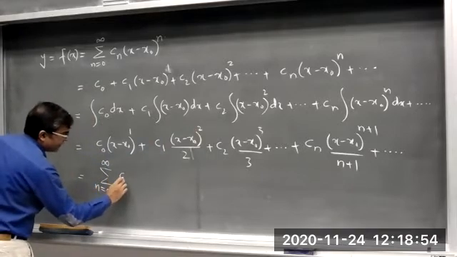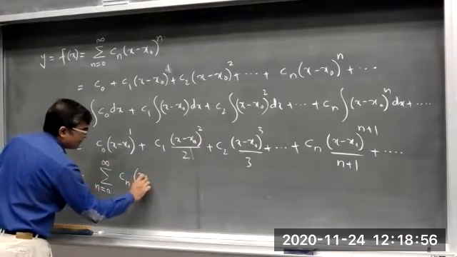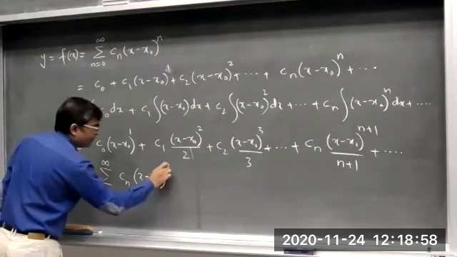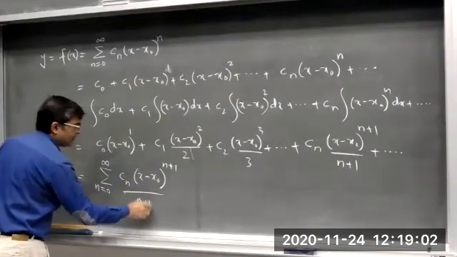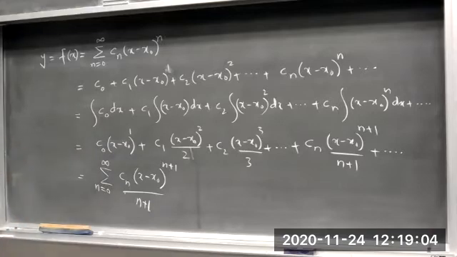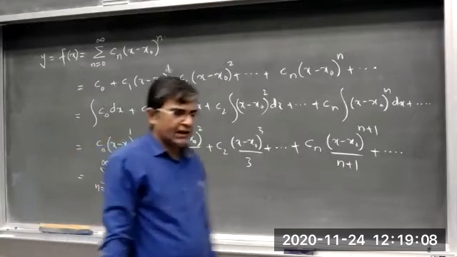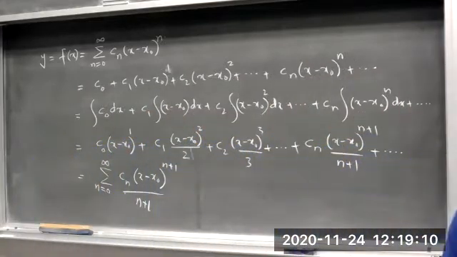So we can write Cn (x minus x naught) raised to n plus 1 divided by n plus 1. So this is the power series after integrating each term, and this is called term by term integration.